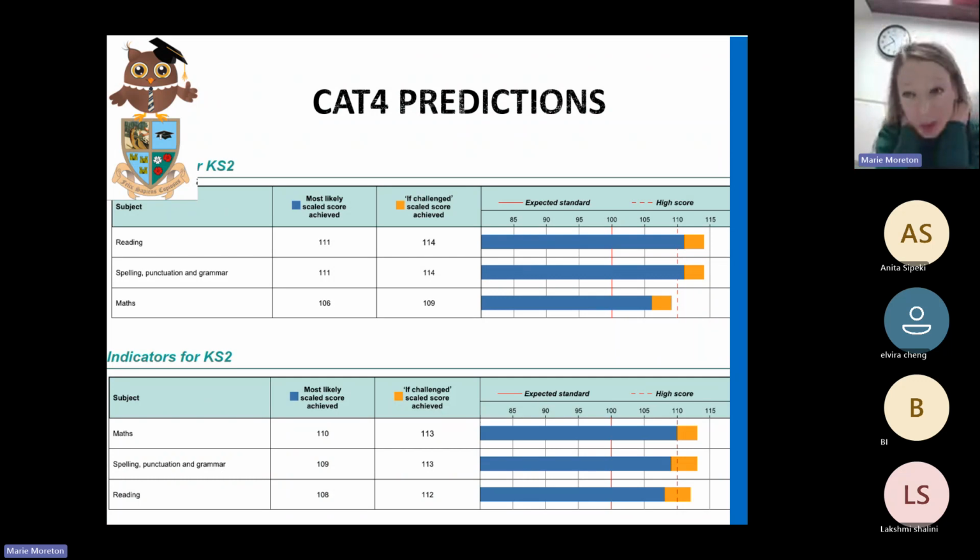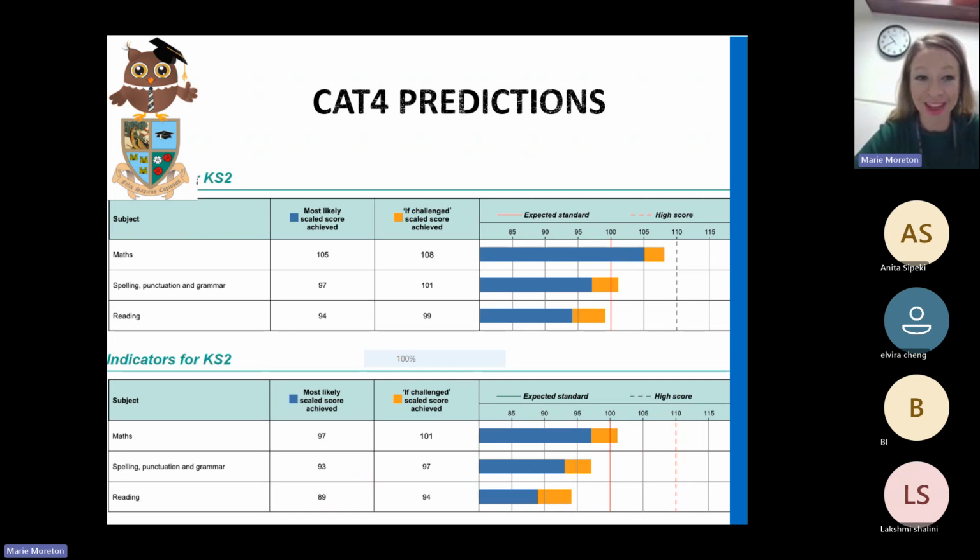These numbers, though, are slightly confusing because they don't quite relate to the standardized age score that we use in reading, maths, and for the CAT4. So these predictor grades are a completely different scale to the other ones that we use, which makes it very confusing for parents, teachers, everybody. So sorry about that. We are.